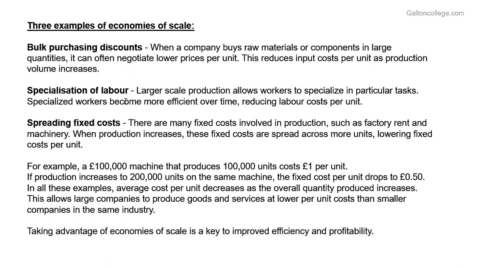As the business gets bigger, it's able to employ specialist workers, or it's able to train its workforce to do specialist tasks. And also, of course, it's able to spread out its fixed costs over a bigger number of units. So I'll leave you to look at that yourself. Go back, and if you wanted, open the video and freeze the frame.